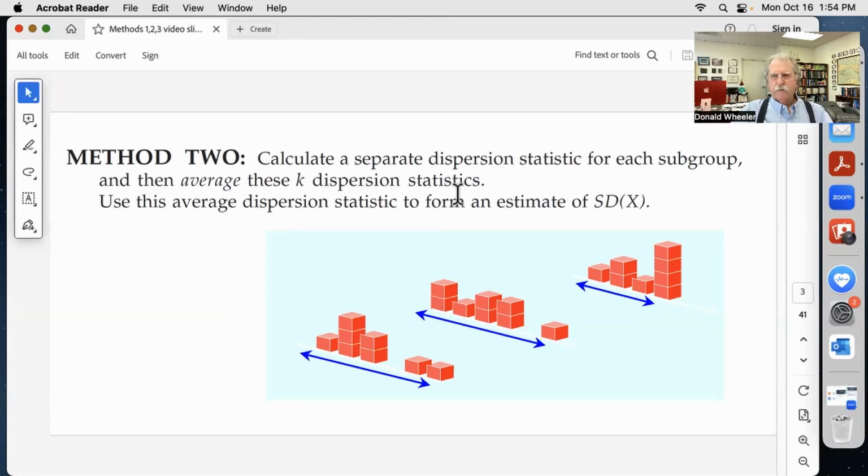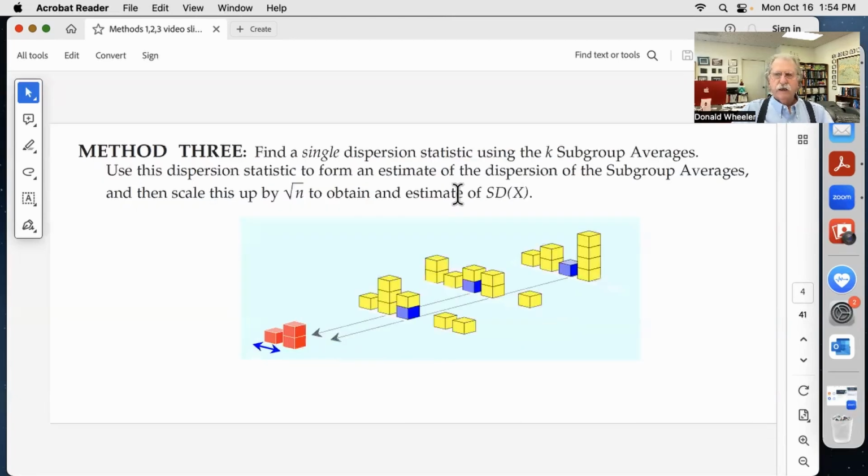And method three, well, method three is indirect. We start off with the subgroup averages, and we draw a histogram down on the X-bar plane of the K subgroup averages. Find a single dispersion statistic using the K subgroup averages. Use this single dispersion statistic to form an estimate of the dispersion for the subgroup averages.